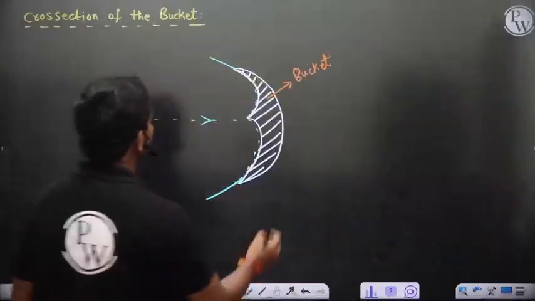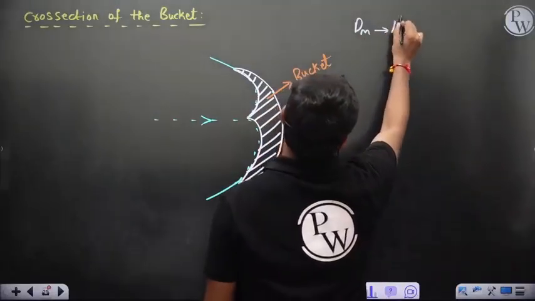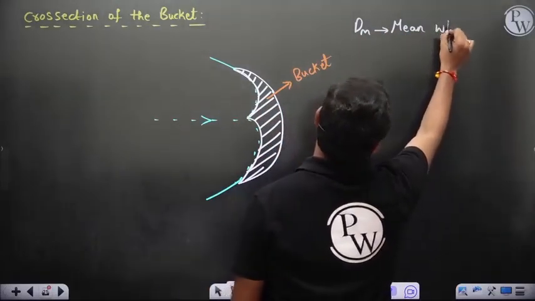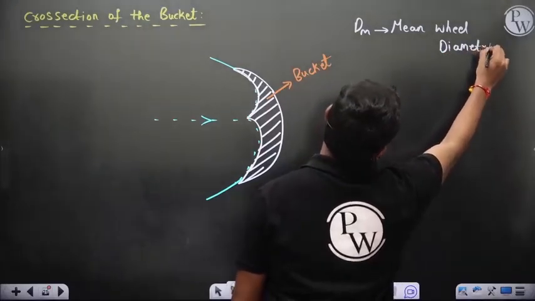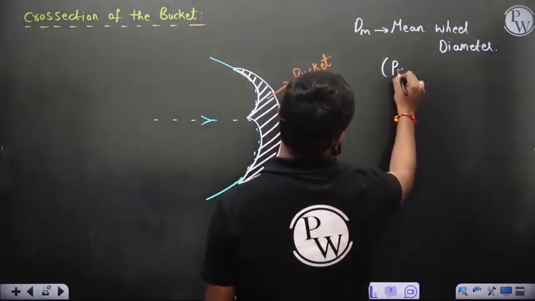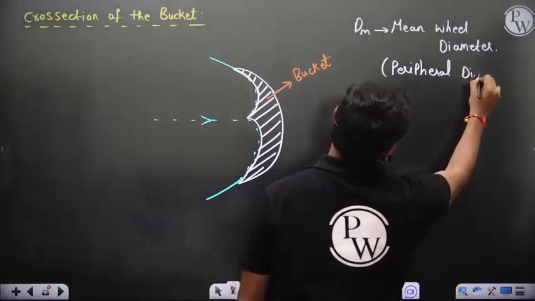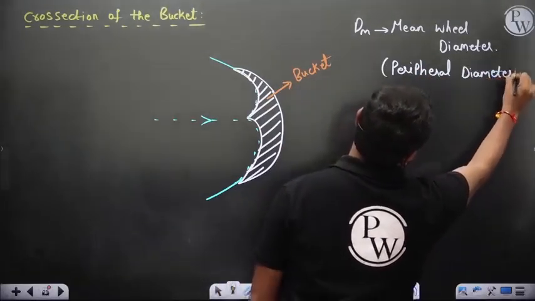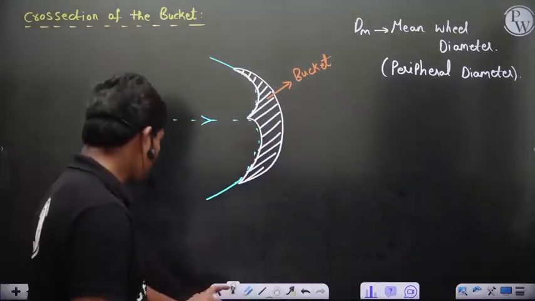Dm is the mean wheel diameter, or it's also called the peripheral diameter sometimes.